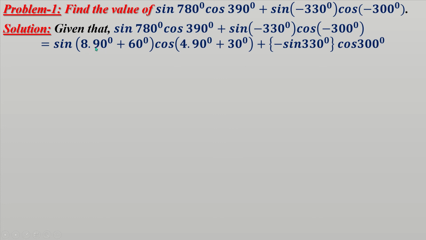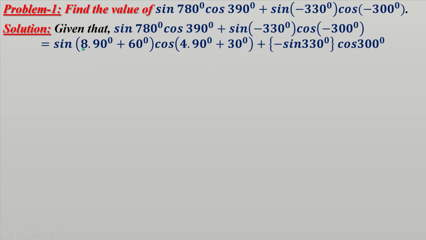We can convert into 90 degree. As a result, we can easily find out the quadrant, that means in which quadrant sine will be. Right? Clear? So it's better to convert into 90 degree or 180 degree or 360 degree. You can convert any one of these, no problem.